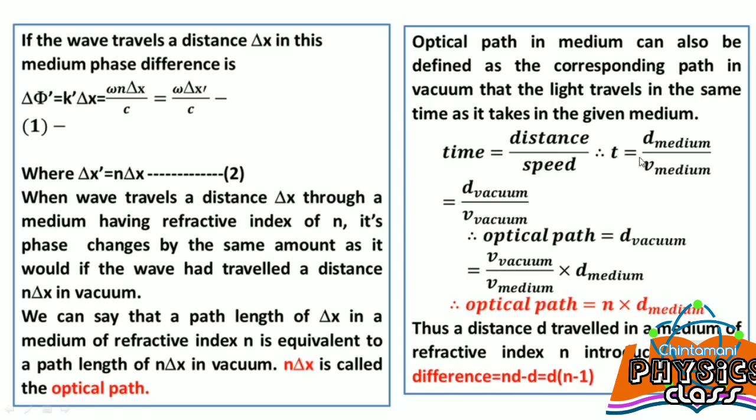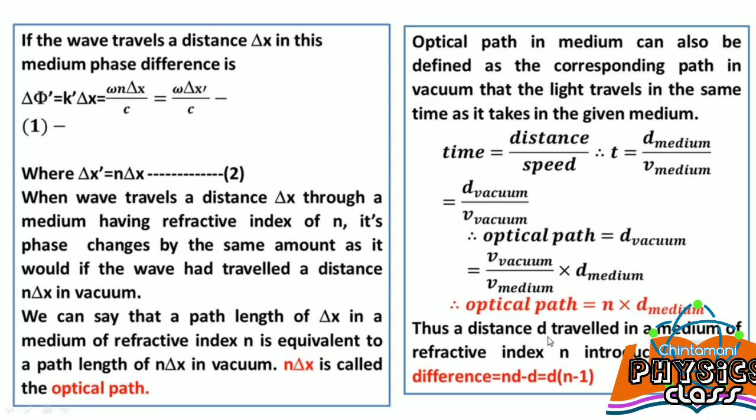Now, t = d_medium/v_medium = d_vacuum/v_vacuum. Therefore, the optical path d_vacuum = (v_vacuum/v_medium) × d_medium. Therefore, the relation of the optical path is n × d_medium.